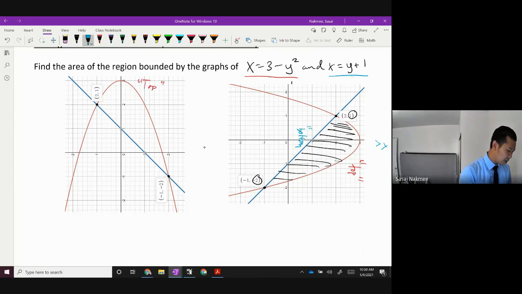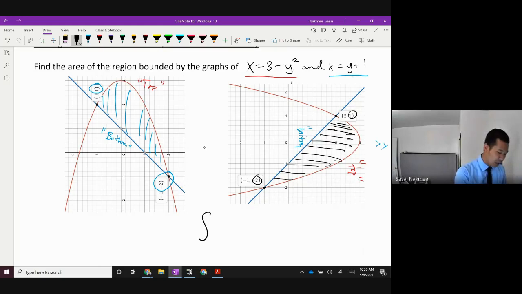This one is my, quote, bottom function. Like this. I'm hoping you guys can see that. And then the integral is from this point here to this point here, which is kind of mirrored. So when we do this integral, it's going to be the integral from -2 to 1, not -1 to 2. You guys see it?